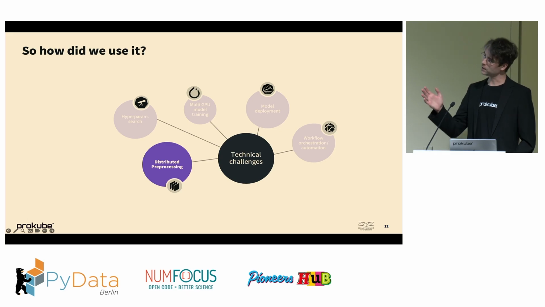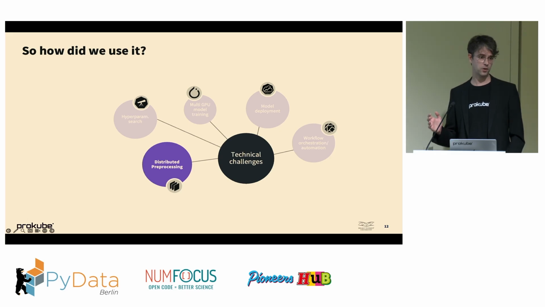Why did we need to use this? We had massive amounts of data which wouldn't even fit in the memory of really beefy machines. And while it's not really part of the Kubeflow ecosystem, it can be run on Kubernetes pretty easily. It's very easy to set up, or at least very easy to use once it's set up on Kubernetes. And I'm going to show you the second part, how to use it once it's set up.